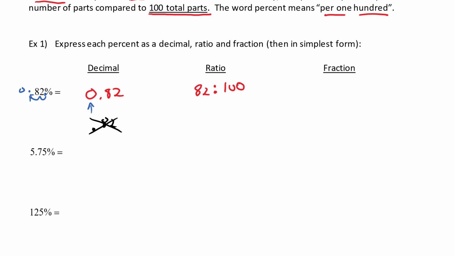Remember, per 100. This can be simplified down by taking a 2 out of the top and bottom. 41 compared to 50. Finally, as a fraction, 41 over 50. Now this would be 82 over 100, but we have to write it in simplest form.